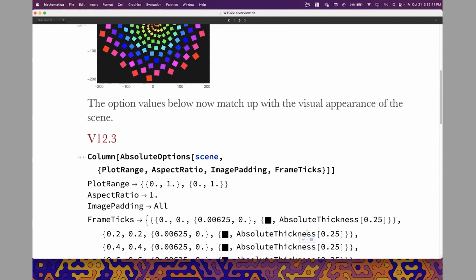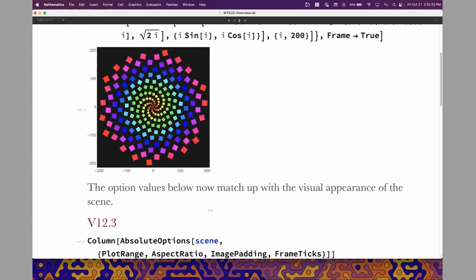And for people who perhaps aren't deep into how graphics work in the Wolfram language, the image padding is the portion of this graphic that is outside the black square, but inside the orange one.